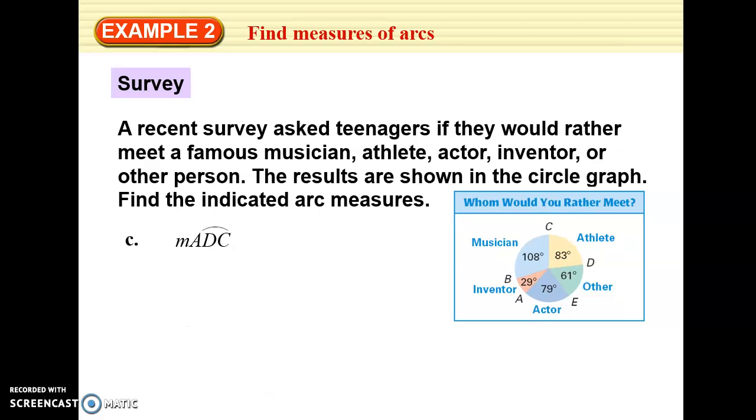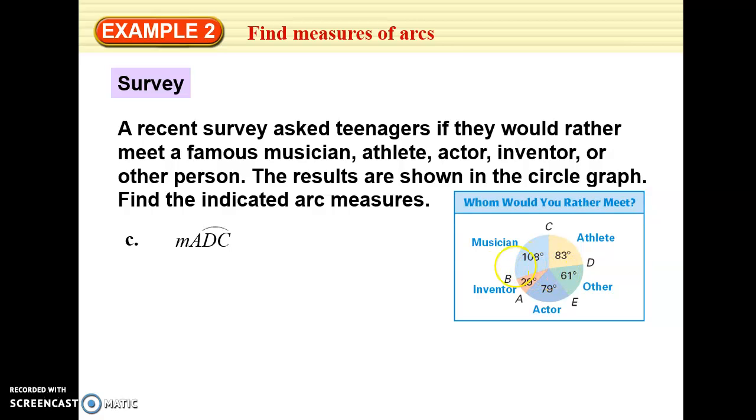Now, ADC. ADC, A, D, and C. Different order, see? We have to add this part. We know, by the way, that from A to C is 137. Now, there are two ways to get this.